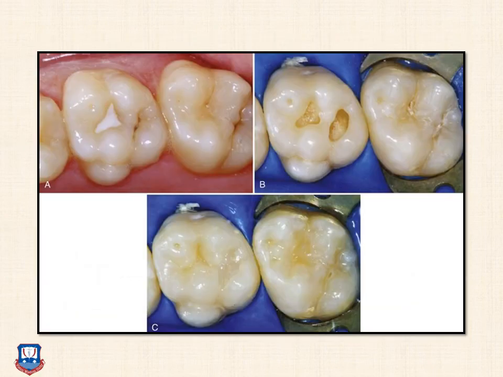In this picture, as you can see, in the first picture, that is A, there is some demineralization of the tooth structure and food impaction. Once the tooth is excavated, the tooth is restored with a restorative material, which is a composite.